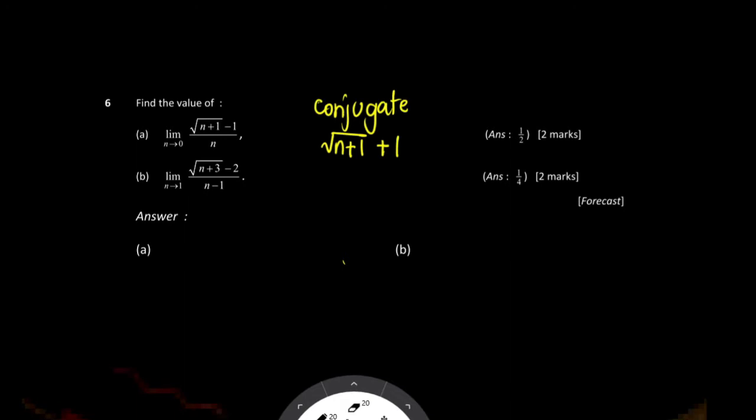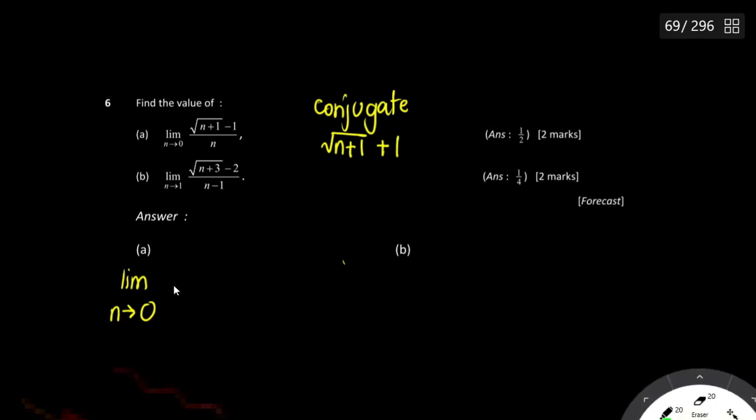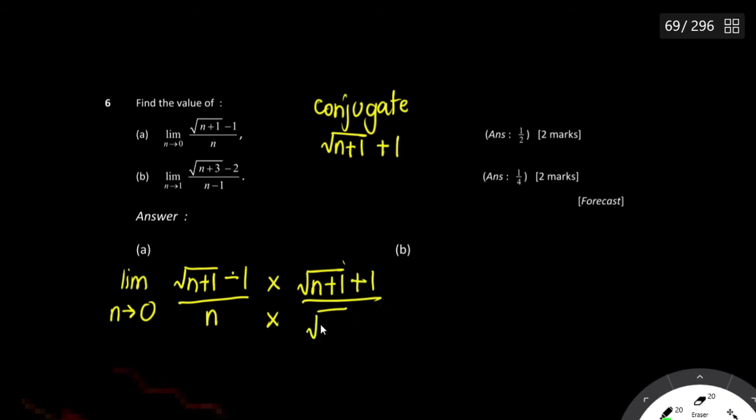Then the minus 1 you change to plus 1, and then we times. So limit n approaching 0 of square root of n plus 1 minus 1 over n, up and down we multiply with the conjugate, square root of n plus 1 plus 1.